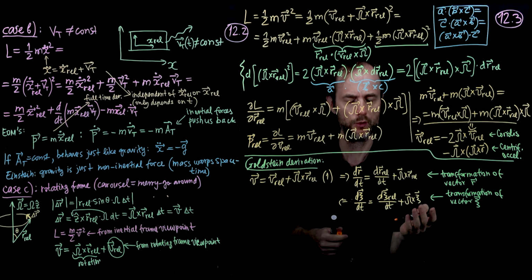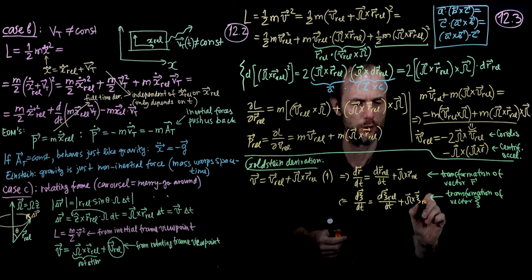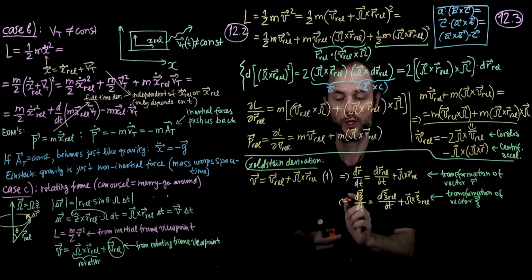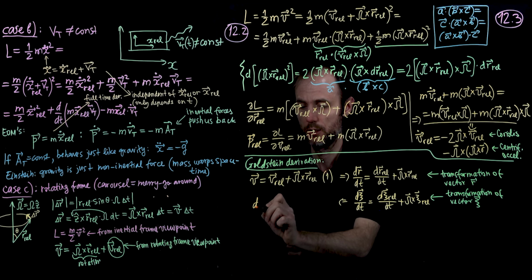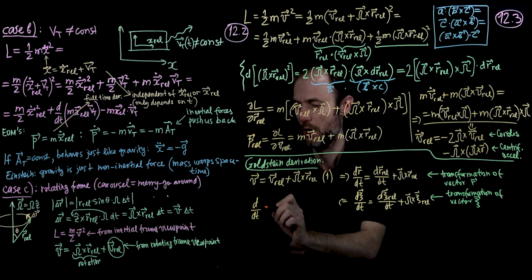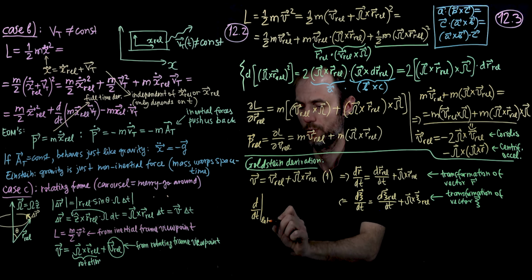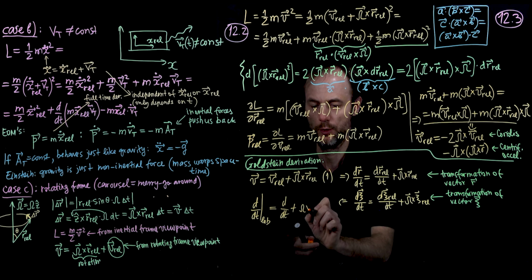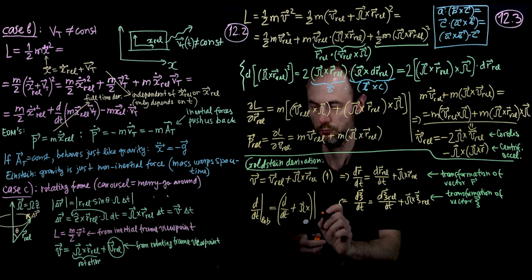Since this relationship works for any vector, and I forgot the rel over here, then therefore we can write in general that d/dt in the lab frame will be equal to d/dt in the relative frame, in the rotating frame, plus omega cross.